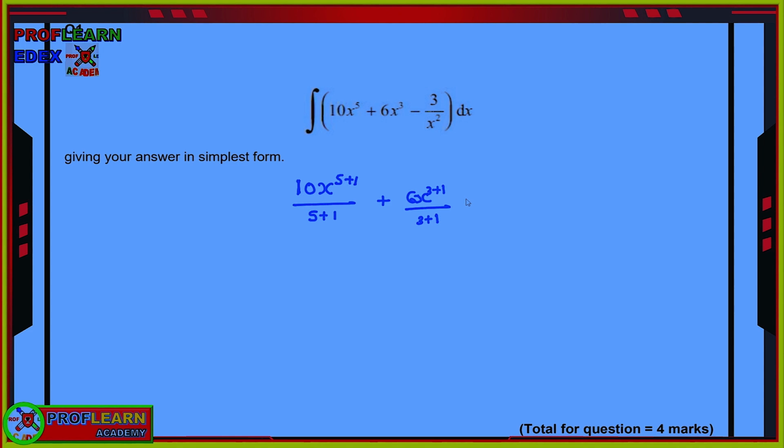And this expression, minus 3 over x squared, can be written as 3x^(-2), so that we also increase the power by 1, and then we shall divide by -2+1. So this one is going to reduce, and you need to simplify your answer.